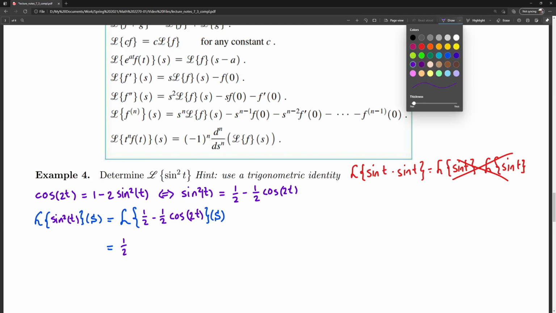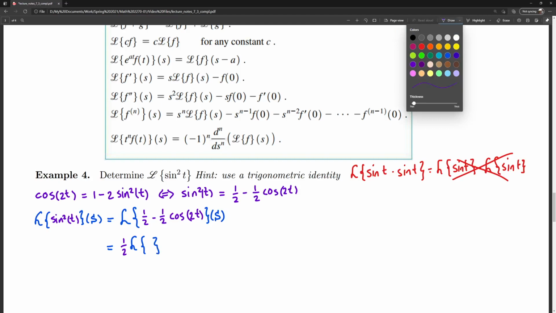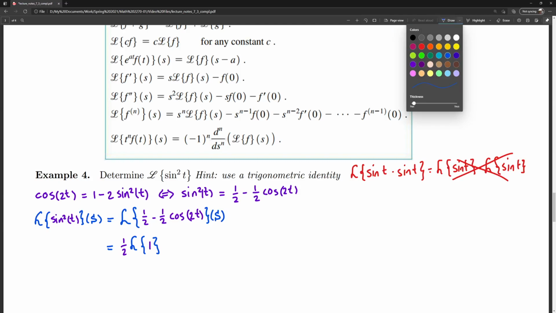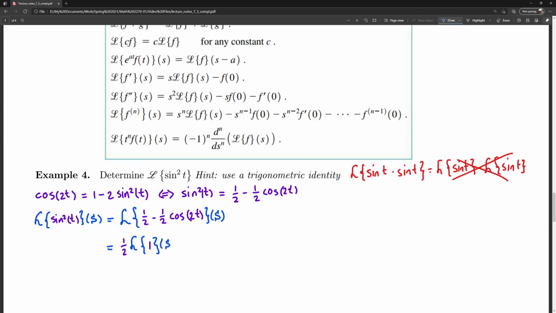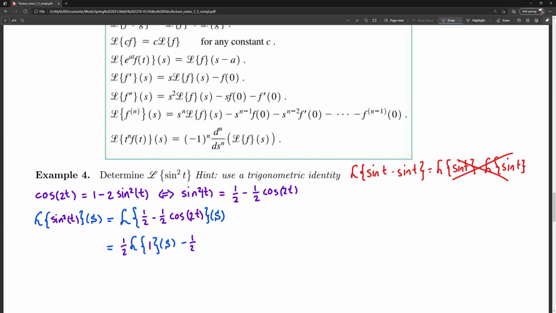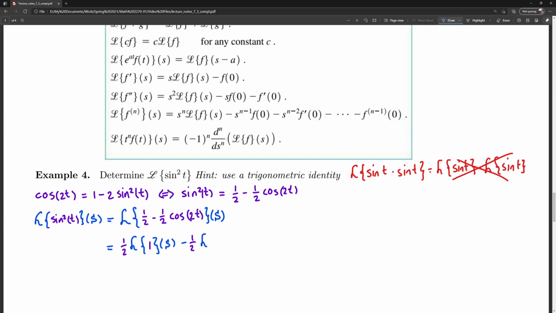I can write this as 1/2 times the Laplace transform of 1, and then I can subtract from that. So then I have minus 1/2 times the Laplace transform of cosine of 2t.